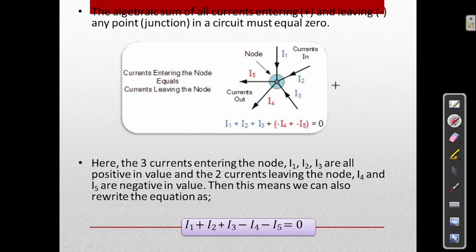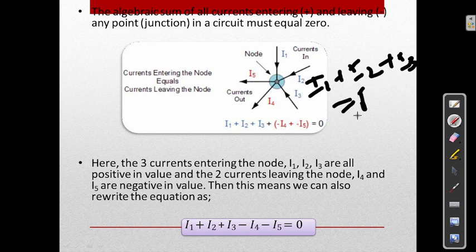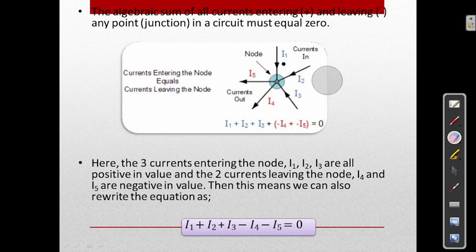So we can write I1 plus I2 plus I3 equals I4 plus I5, because I1, I2, I3 are incoming currents, equal to the outgoing currents I4 and I5.